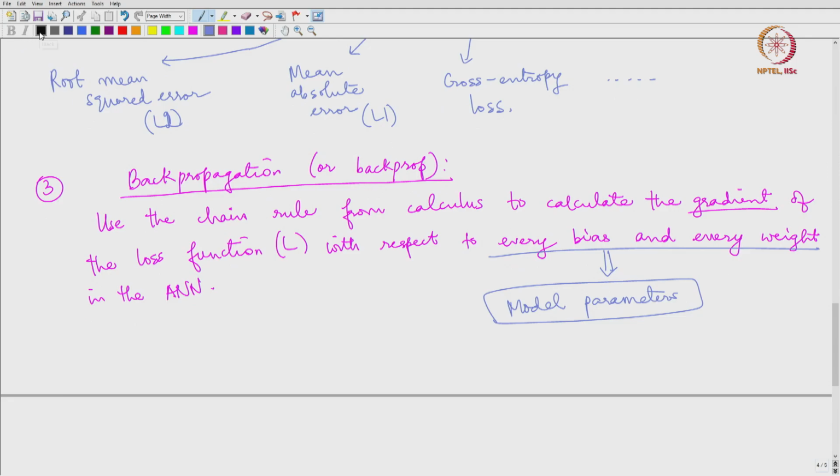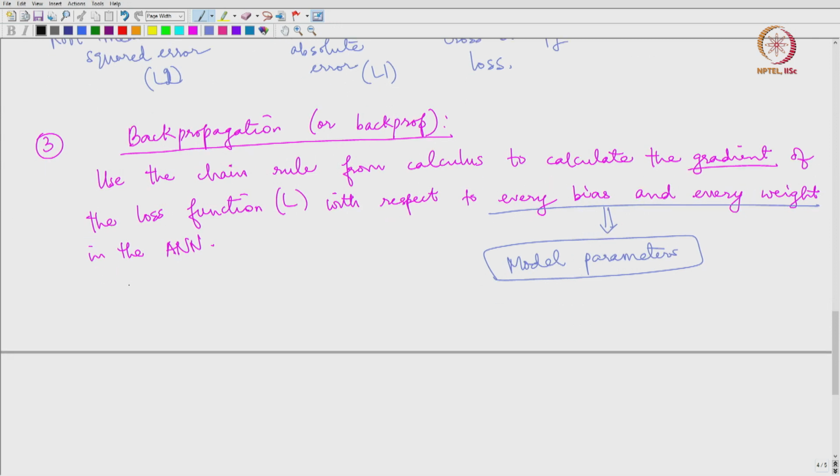Once you have done the back propagation step, you get all the gradients, then you can easily do a parameter update.